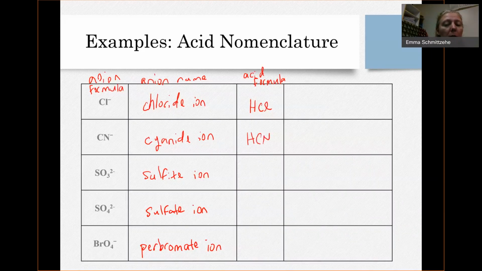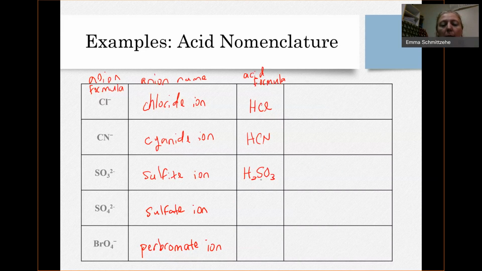neutral compound. Okay. Whereas then the SO3 2-, I have a +1 for the H+ and a 2- for the SO3. So I'm actually going to need 2 of the H+. So I'm going to have 2 H's with 1 SO3.